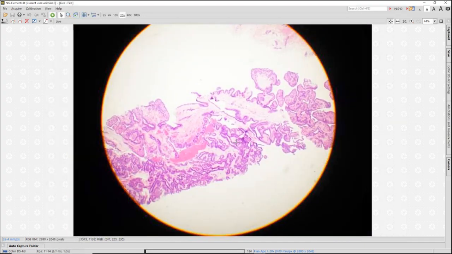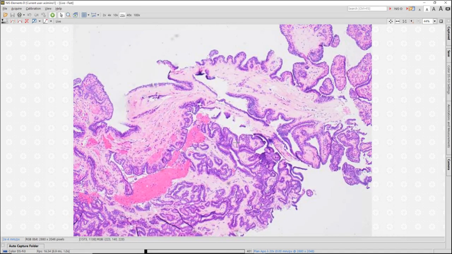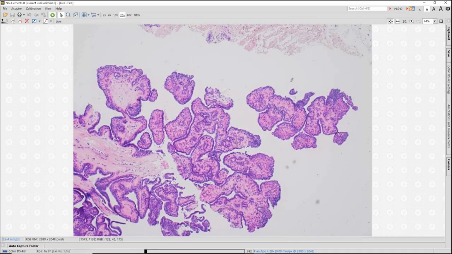The other feature I want to mention is that the fibrovascular cores tend to be rather large. I'm at my 2x, I'll go to 4x. The fibrovascular cores are kind of large, broad-based, and they lack delicate, thin, arborizing branches.